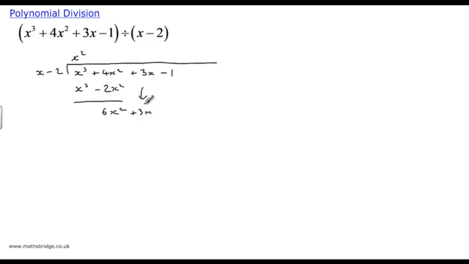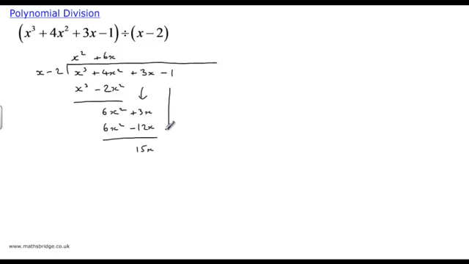I now ask the question, what do I need to multiply the x by to get the 6x squared? And of course I need a 6x. Multiplying the 6x by the x minus 2 gives me 6x squared minus 12x. Subtracting these two terms gives me 15x.